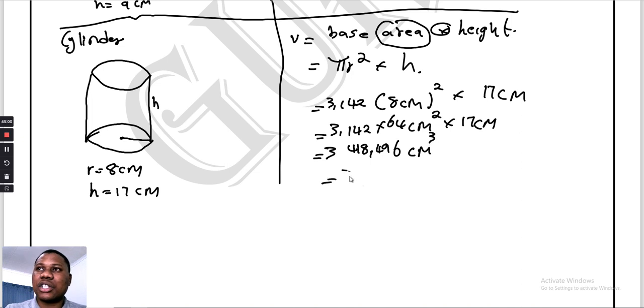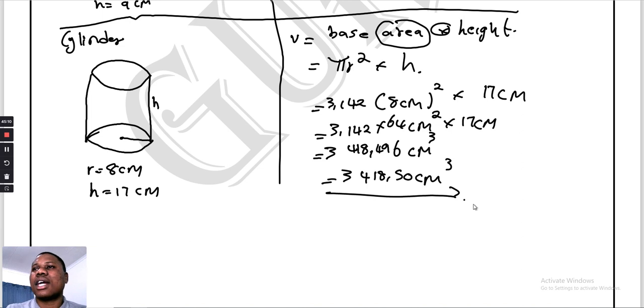If we round it off to the nearest two decimals, that is the answer in centimeter cubic, and that is it.